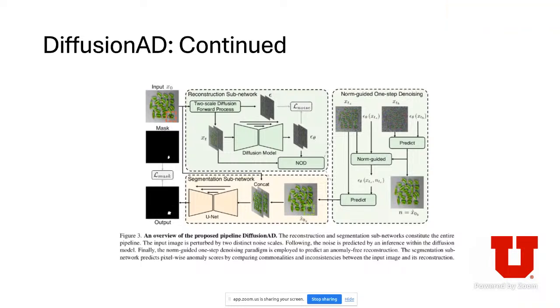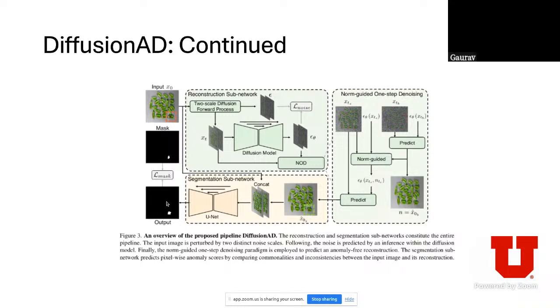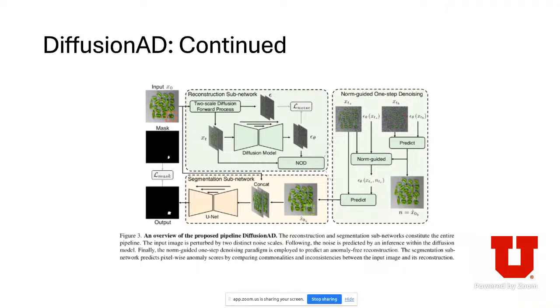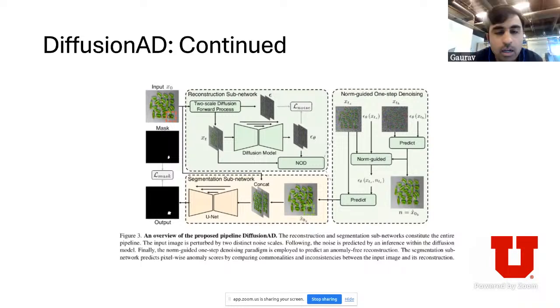Okay, the mask is not... Then that means your image for the diffusion model also contains some kind of anomalies, right? That should be the case.